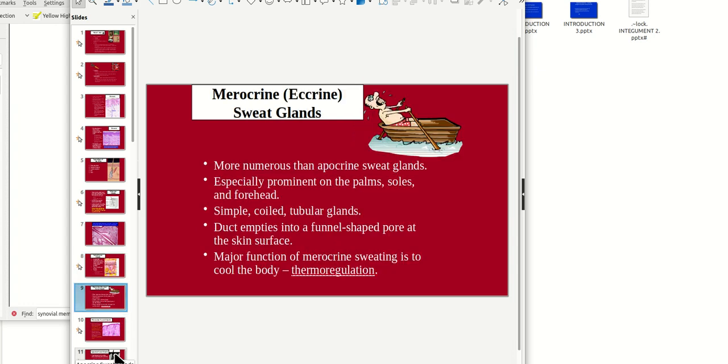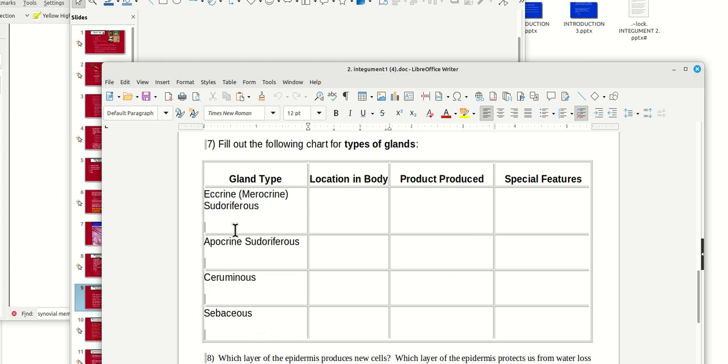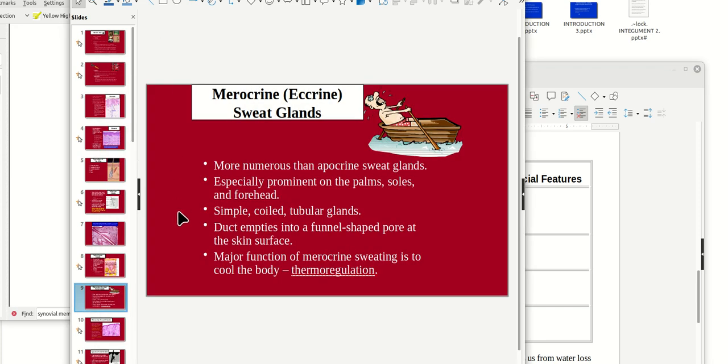Sebaceous, merocrine. Let's see. They don't ask you. Yeah, they do. Eccrine. So you have those. So let's go ahead and see which. They're the next one in this list. They're the sweat glands, all right, and thermoregulation.